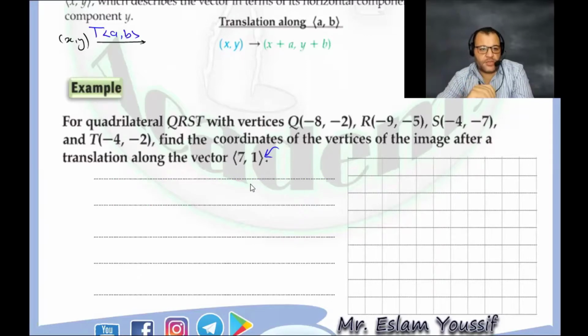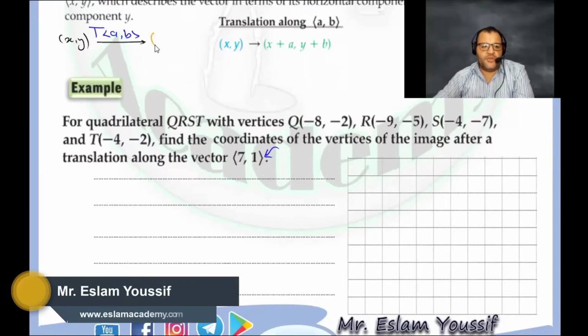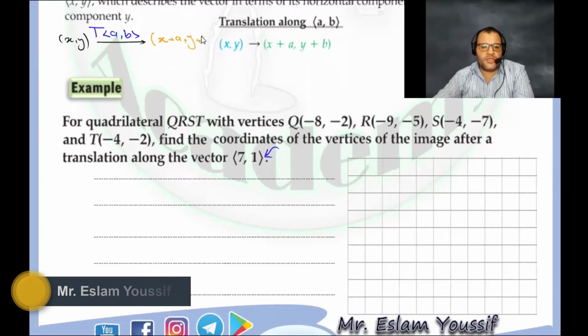If a is positive, the figure will go up. If a is negative, it will go down. If b is positive, it will go to the right. If b is negative, it will go to the left. So the image will be x plus a and y plus b.